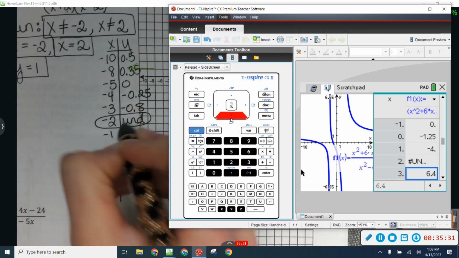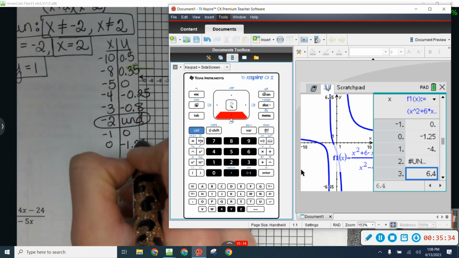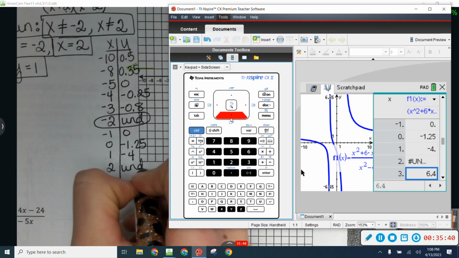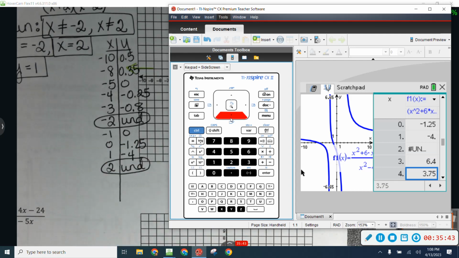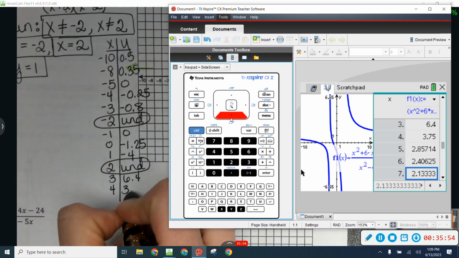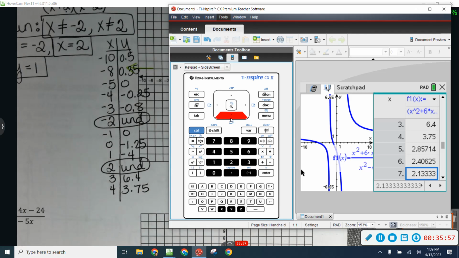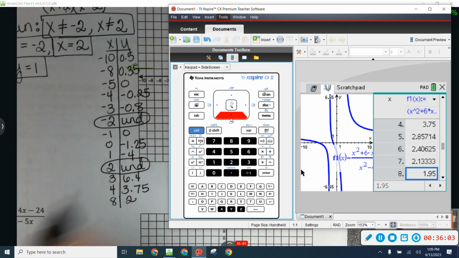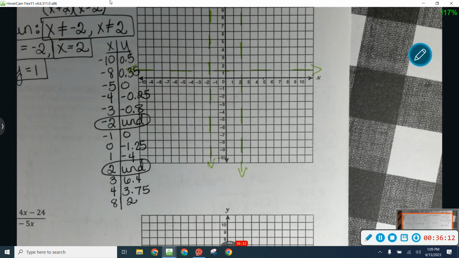Then negative 1, negative 1.25, 1, negative 4, and then 2 is undefined. Then I've got 3, 6.4, 4, 3.75, and we'll say 8 can round to 2. And I'm going to just use those.